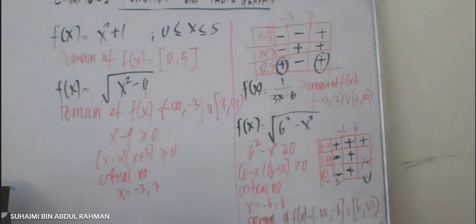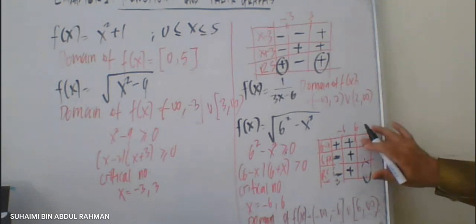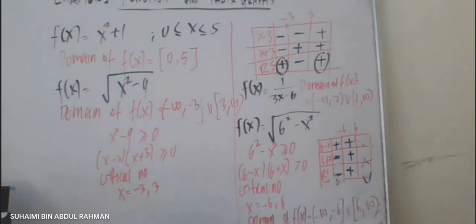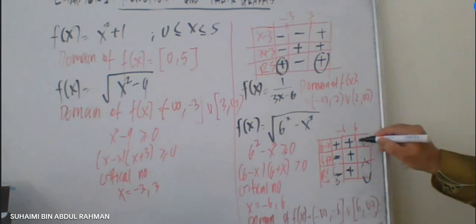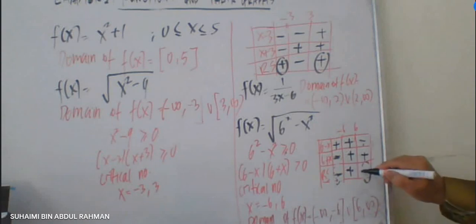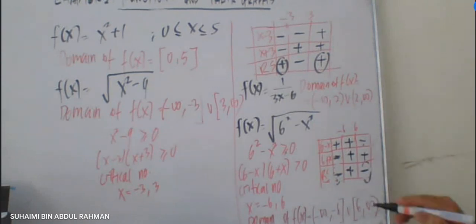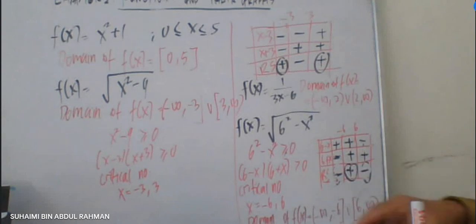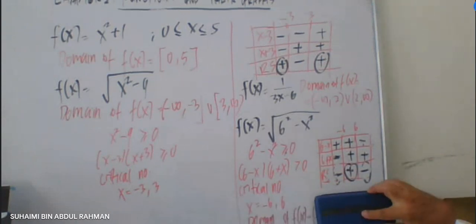Negative here. Positive is going to be negative. And then we choose positive. And our positive is not this.